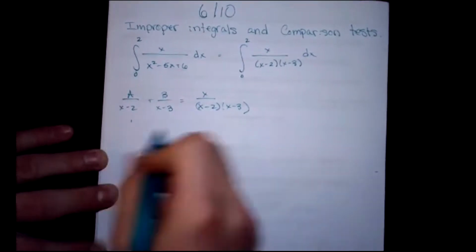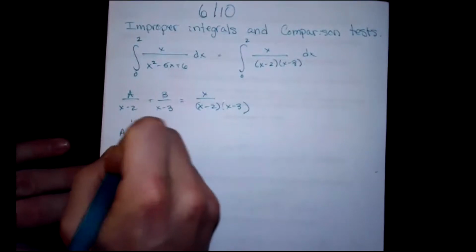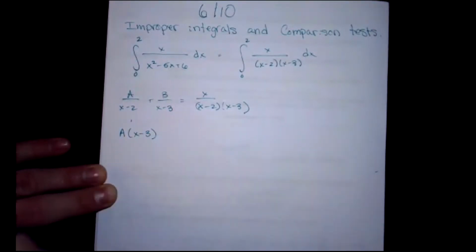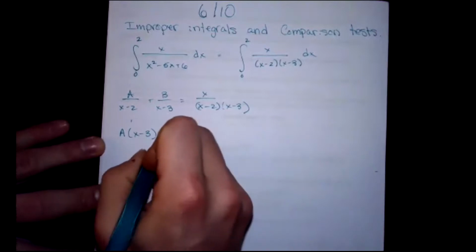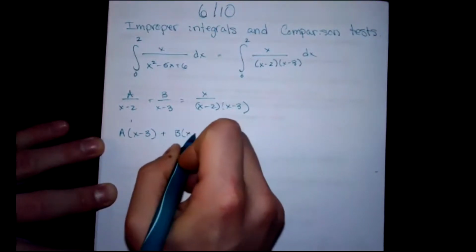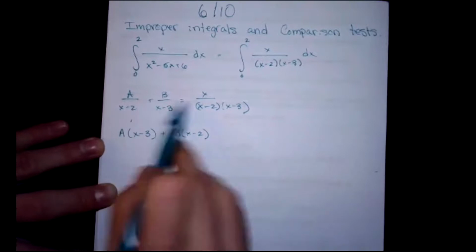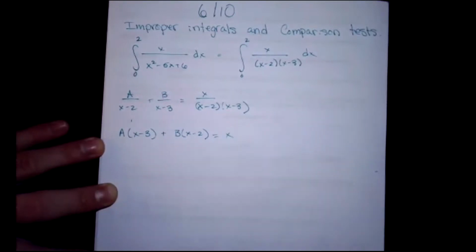I find a common denominator for the left side, and in the numerator we will have x minus 3 times a plus b times x minus 2. And that numerator should equal the numerator on the right.